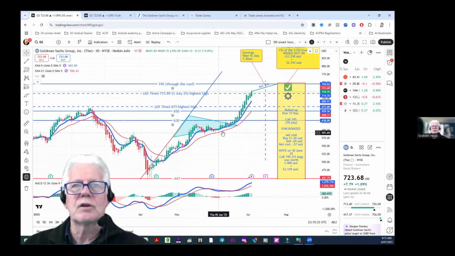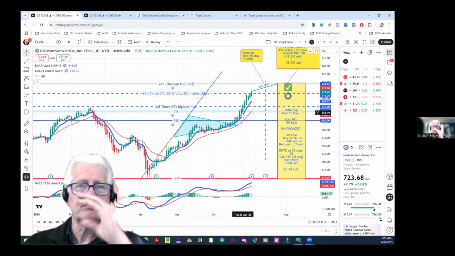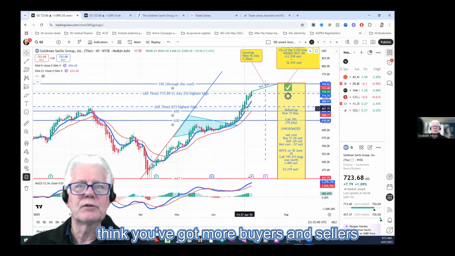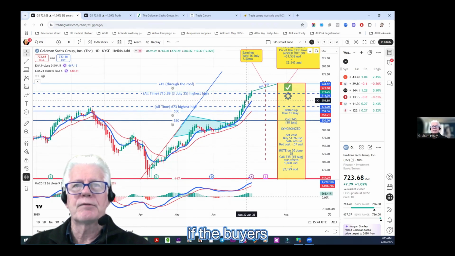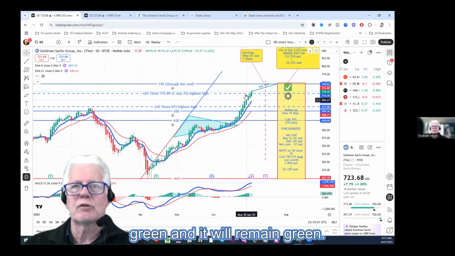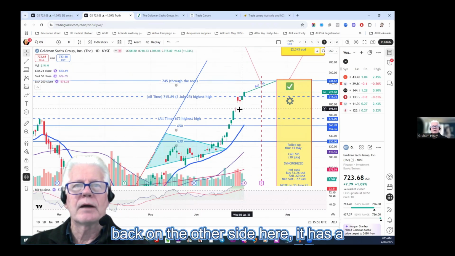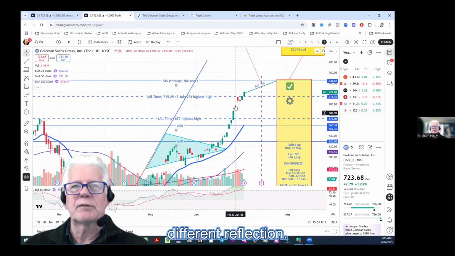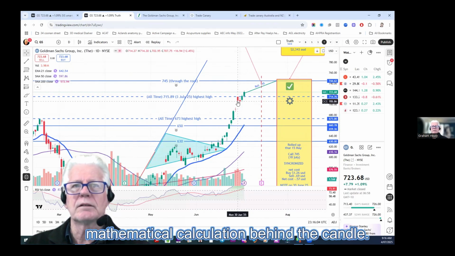So if overall I think you've got more buyers and sellers in these ones. Anyway, the net result is that if the buyers are in the majority, this will turn green and it'll remain green. Whereas back on the other side here, it has a different reflection. There's a different mathematical calculation behind the candle.